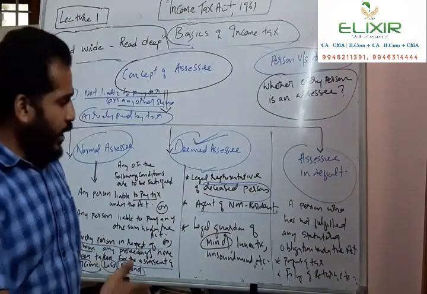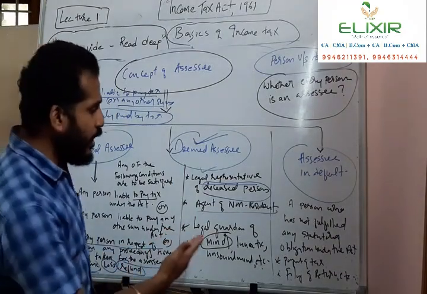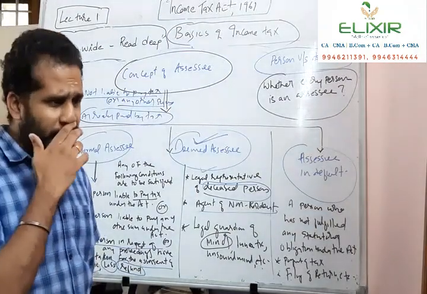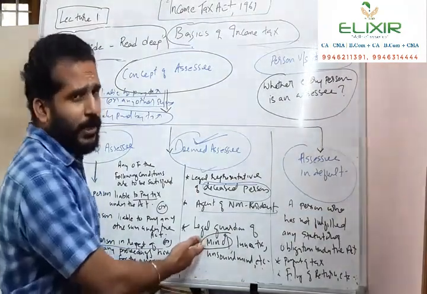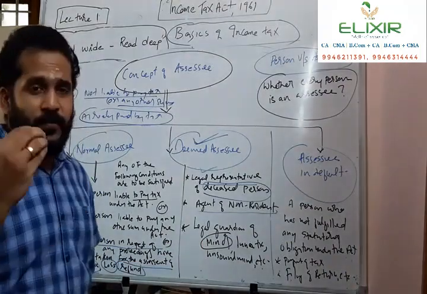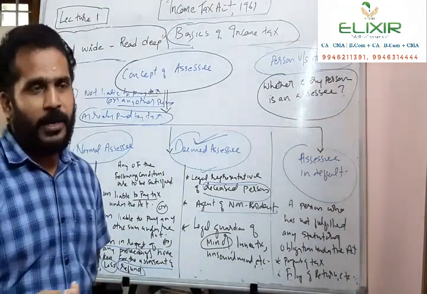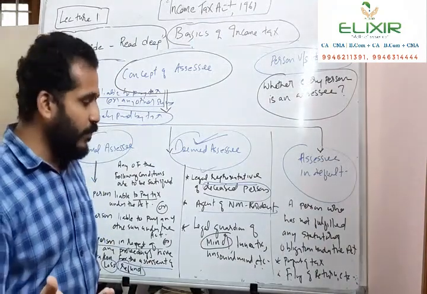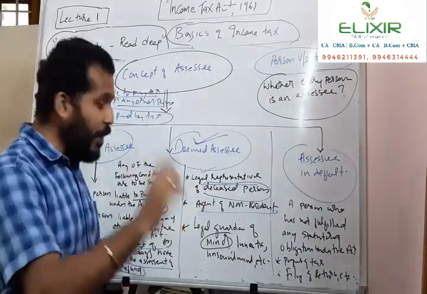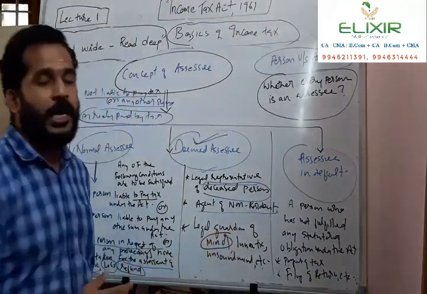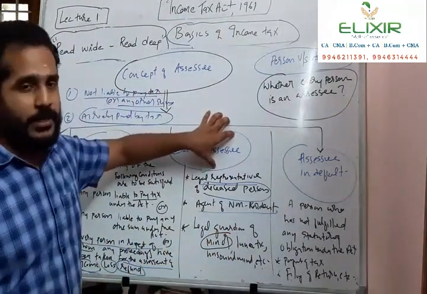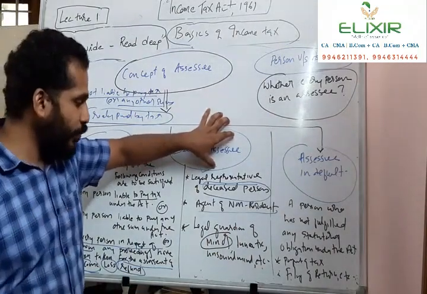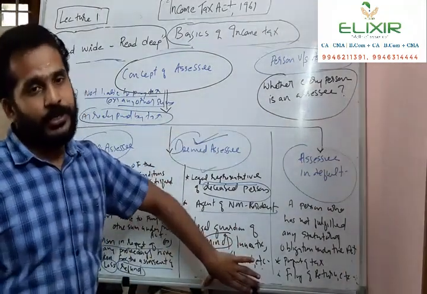Okay. And the next very classical example, legal guardian of a minor. Okay, we all know minor. There is an exception to that in the case of minor, we will study later. If a minor earns income, a minor cannot be assessed to tax, and in that case, the income of the minor will be taxed in the name of the legal guardian. The legal guardian can be treated as the deemed assessee. Okay. Another example we dealt in the previous session: unsound mind.